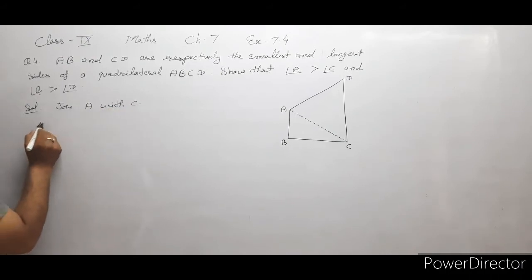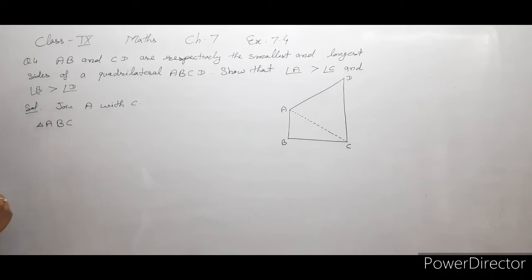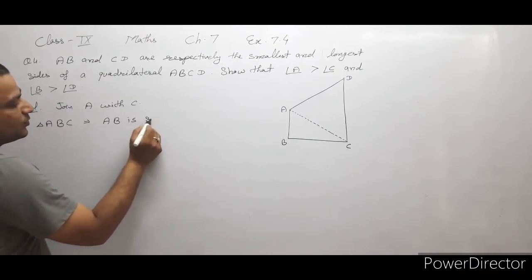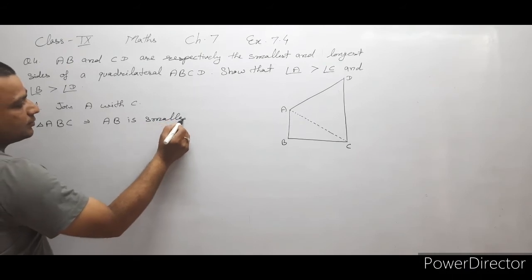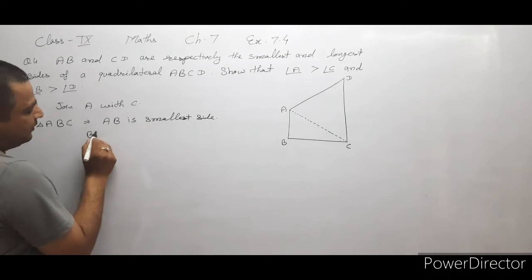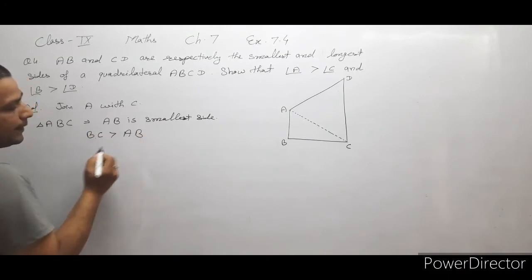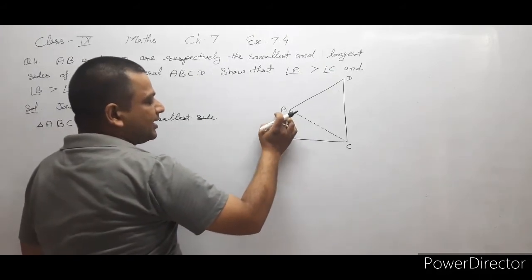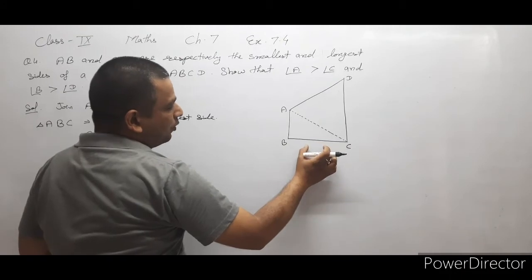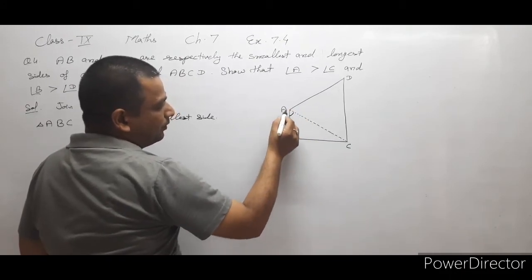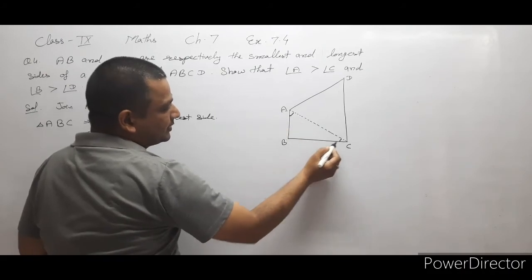Now in triangle ABC, it's given that AB is the smallest side. If it is the smallest side, that means BC is greater than AB, and if BC is greater than AB, that means the opposite angle of BC, this angle, is also greater than the opposite angle of AB, this angle.